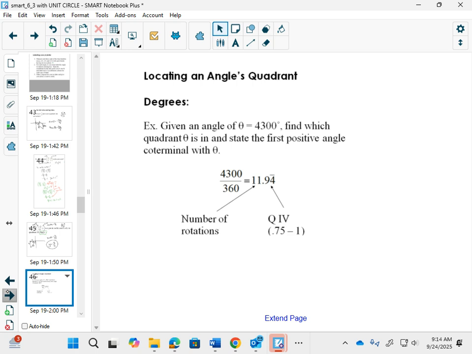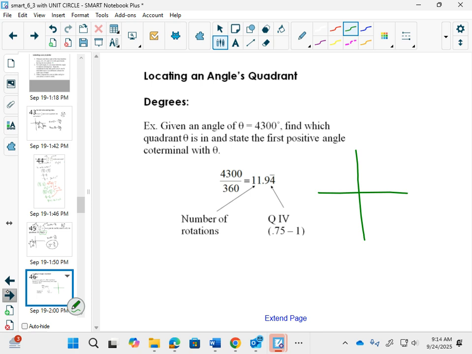That's very hard to visualize where that ends, because it's going around the circle so many times. So if you had a calculator, and you went, oh, I could divide by 360, because that would change this to 11.94, and every 360 is a full revolution. So it does 11 full revolutions, and then 0.94.